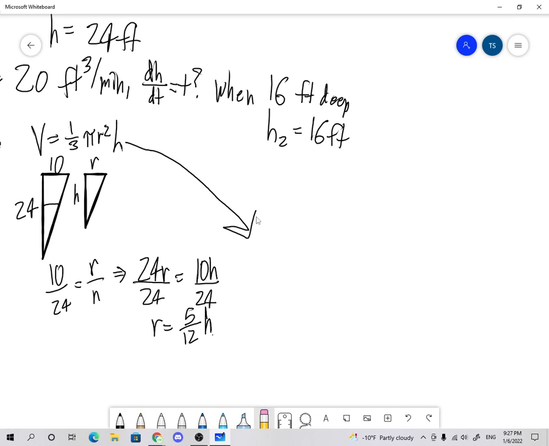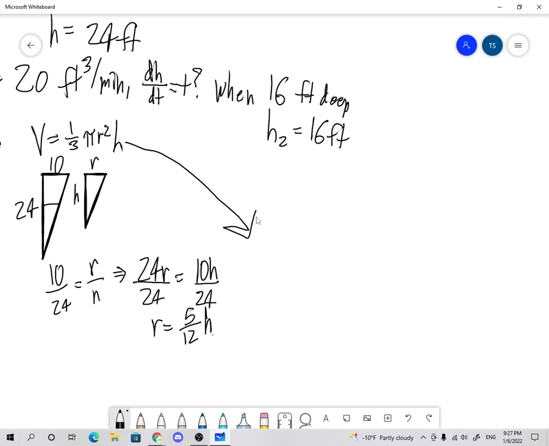The problem does not provide dr/dt. The problem doesn't give us any reasonable clues to solve dr/dt. We don't know how to solve dr/dt within the confines of what the problem is asking us. So we don't want r, because r is going to give us a major headache, and we're never going to be able to solve this problem with it.